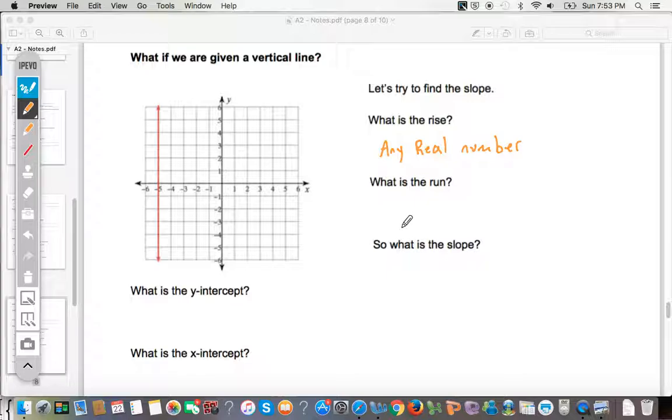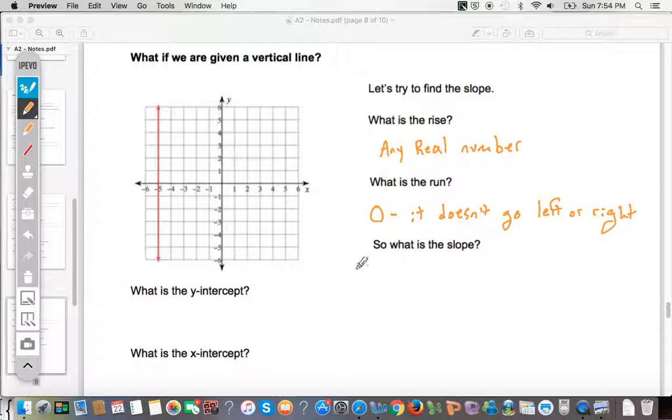And what is the run? It's not going left, and it's not going right, so our run is 0. It doesn't go left or right.